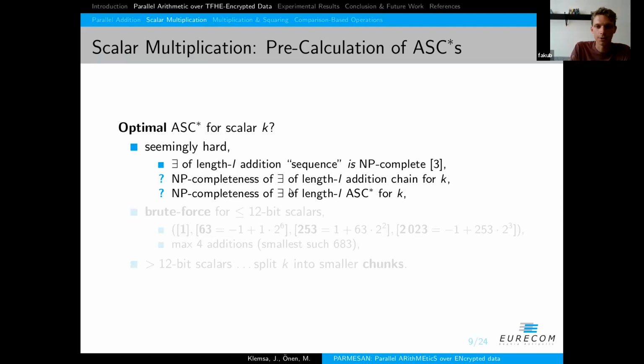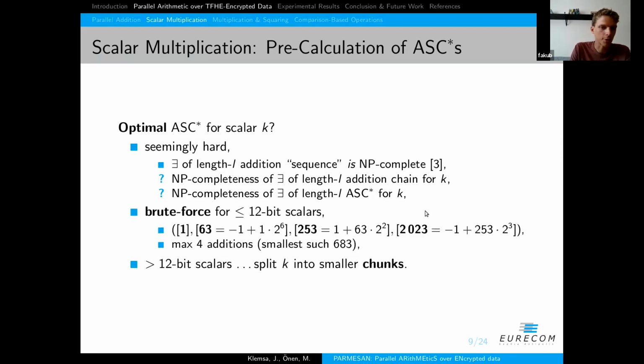The NP-completeness of a length L addition chain with one value at the end is an open problem. The same goes for ASC star, obviously. But we believe that this is a hard problem, to find the optimal ASC star.